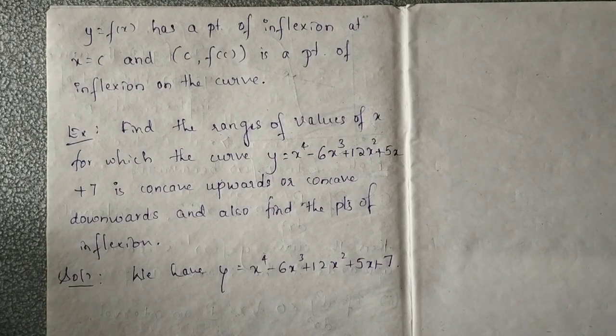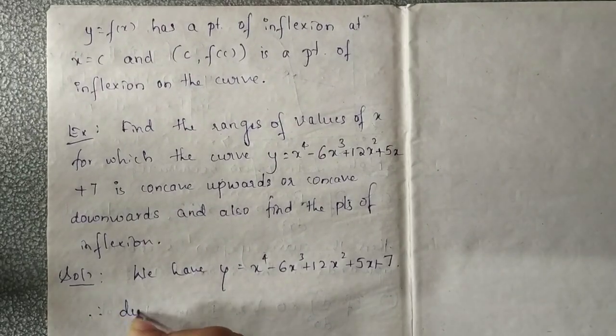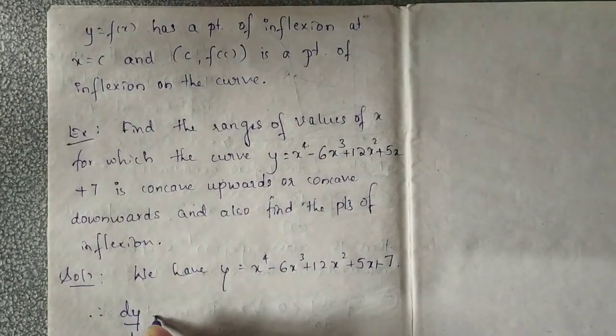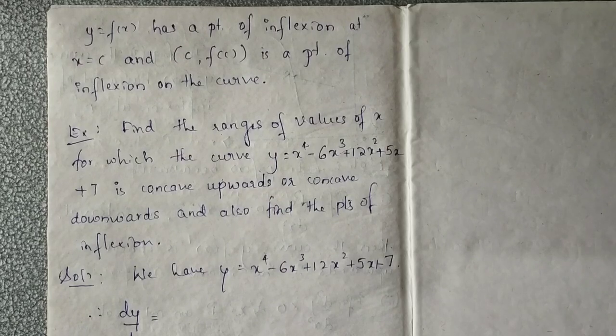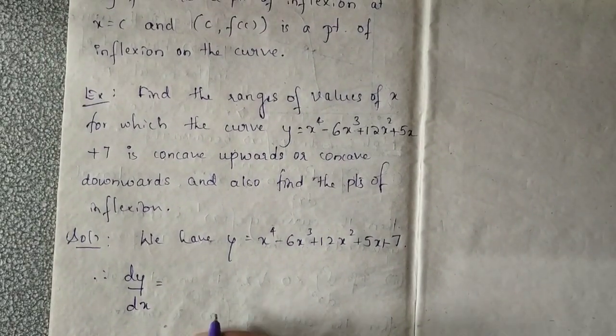We need to find the second derivative of the given curve with respect to the independent variable. Here we have y equal to f of x, in which x is the independent variable and y depends on x. Therefore, we need to find dy by dx.